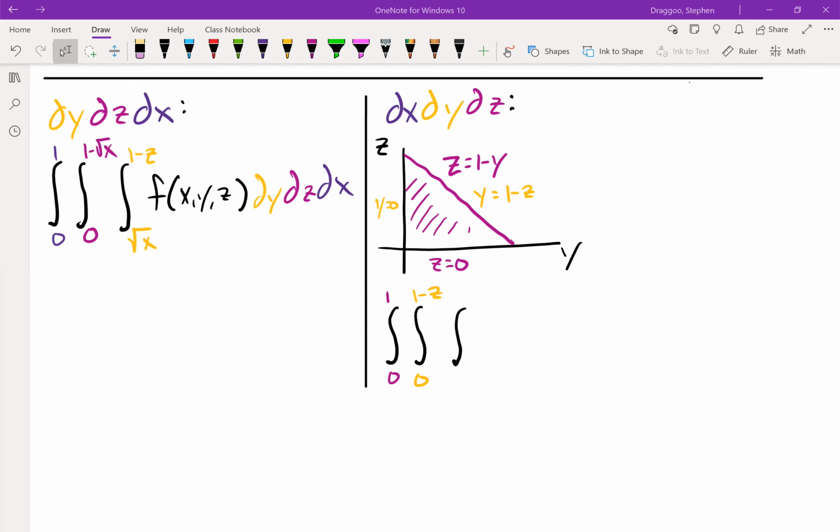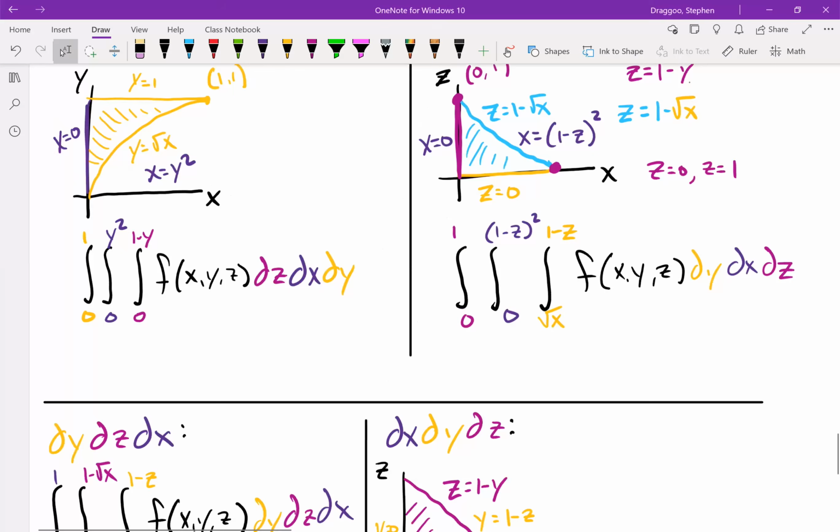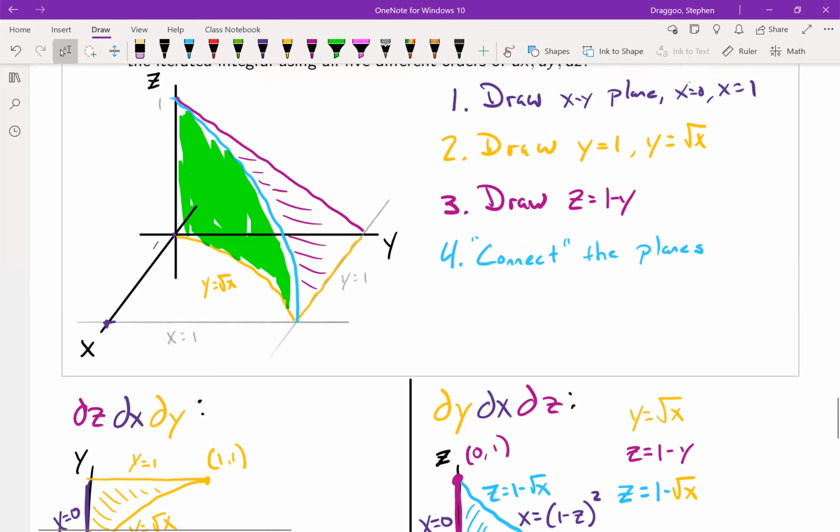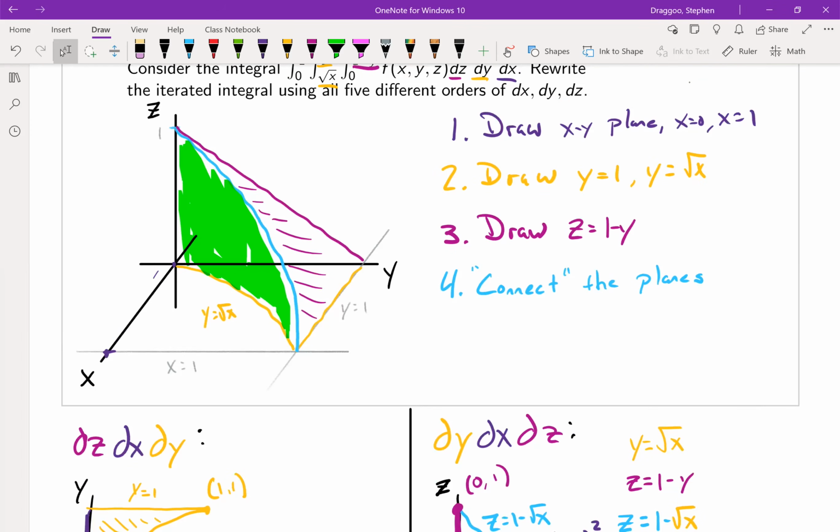All right, so now finally we need a boundary for the x values. So if we come back up to our three-dimensional shape, we're going to be looking at where x falls between the plane x equals 0, which is the YZ plane. So that'll be the furthest back part. So we're going to be using x equals 0.